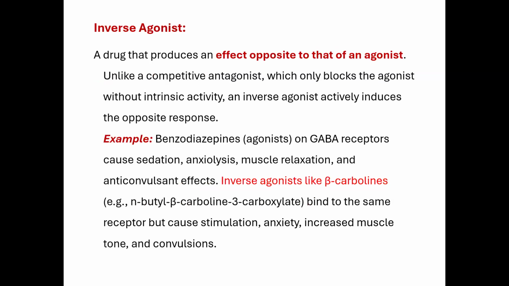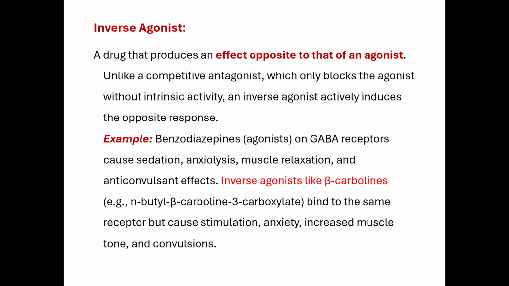There are quite a number of drugs which we give as partial agonists. Another example, in management of breast cancer, we still use a lot of drugs. I'll give an example of tamoxifen.